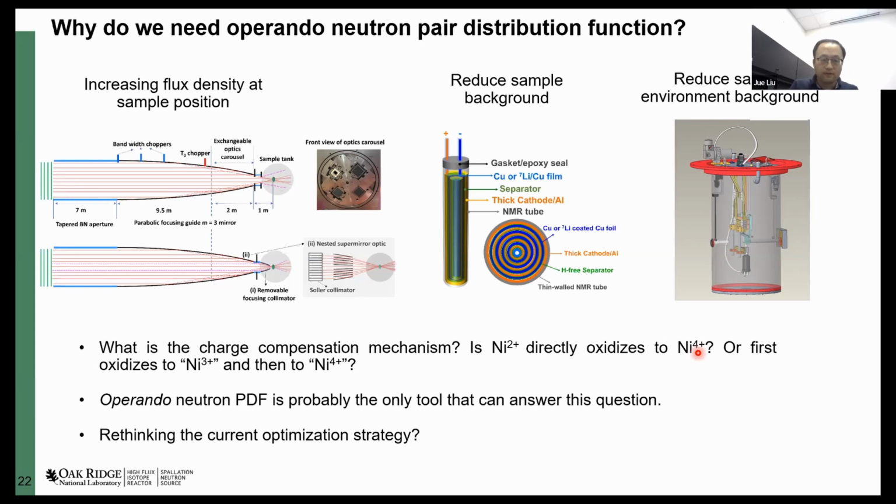We also propose that in situ neutron pair distribution function is needed to fully understand the charge compensation mechanism in nickel-rich cathodes, because that provides information on whether it is indeed a charge disproportionation state, and whether it's directly oxidized to 4+ or goes to 3+ and then to 4+. So that's why this capability is critical for further understanding why we have these anomalous structure transitions in nickel-rich cathodes.